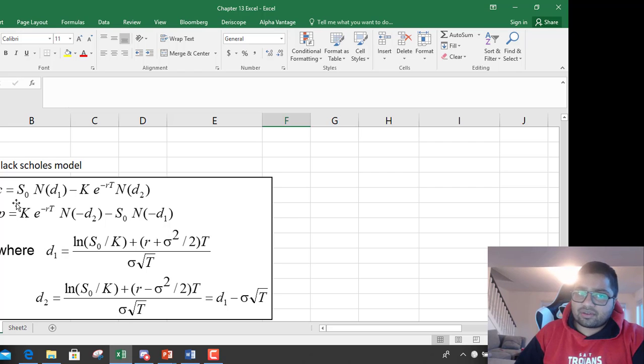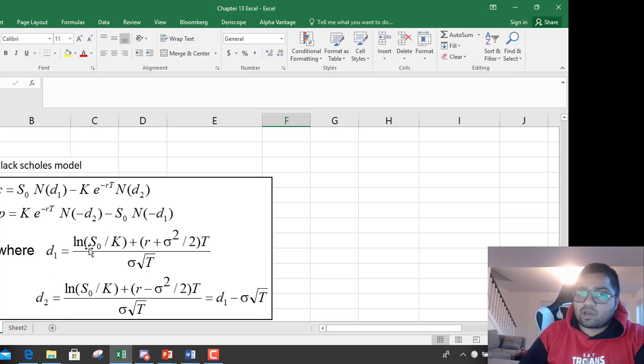So call option is calculated as S0 N(D1) minus K e to the power minus R T N(D2). Put option is calculated as K e to the power minus R T N(minus D2) minus S0 N(minus D1). First, D1 and D2 you have to find out.